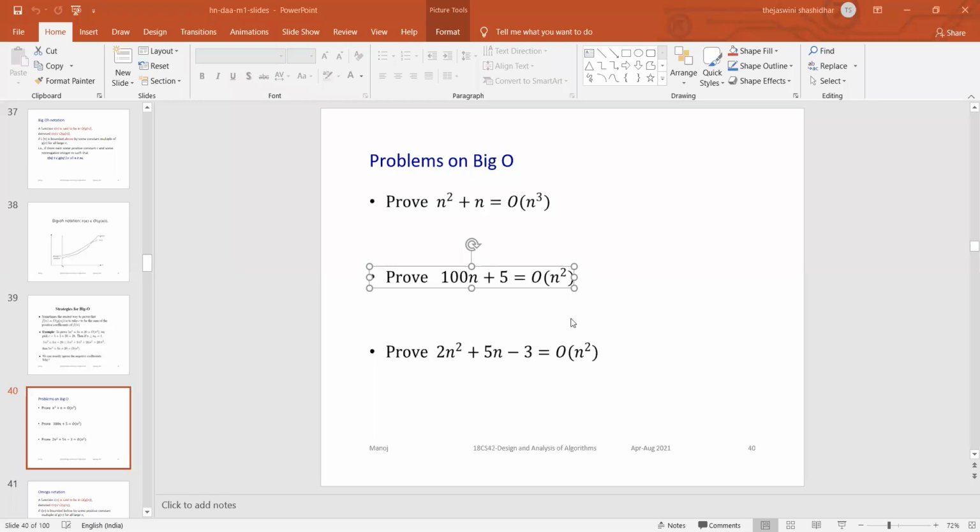T of n and G of n? T of n is 100n plus 5. G of n?